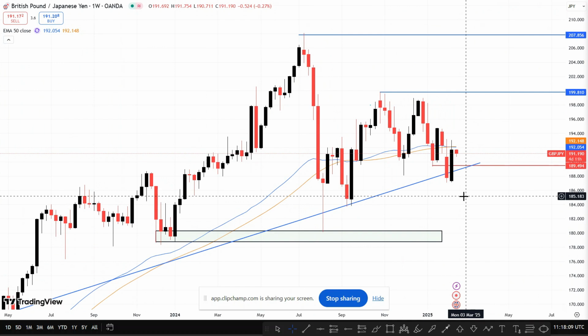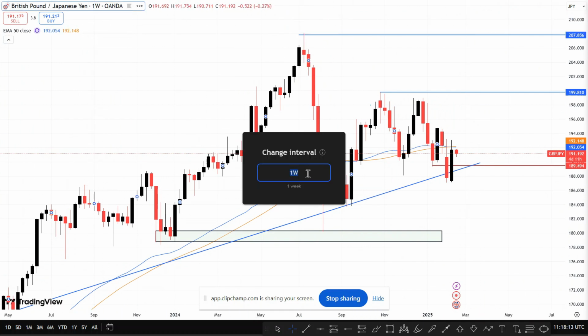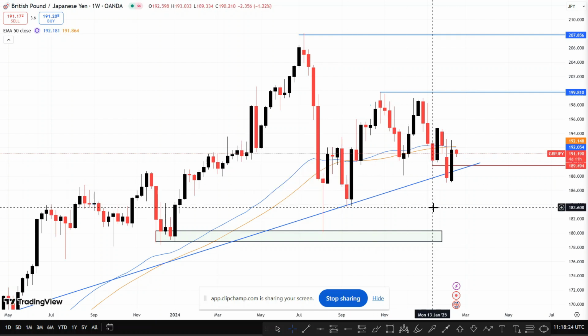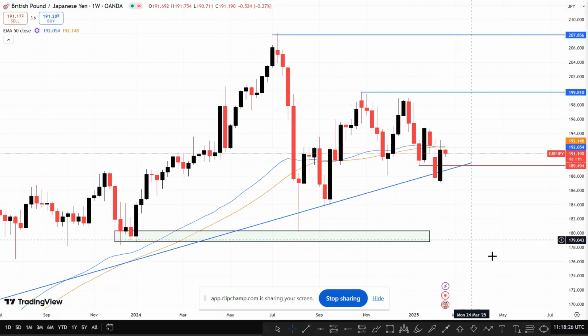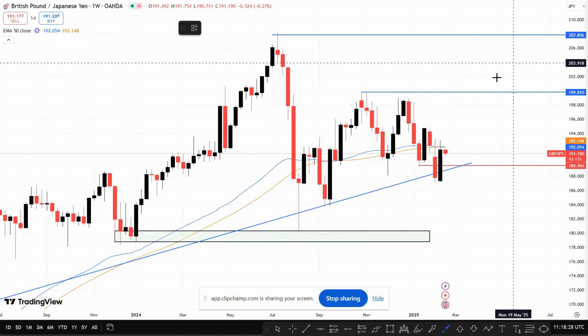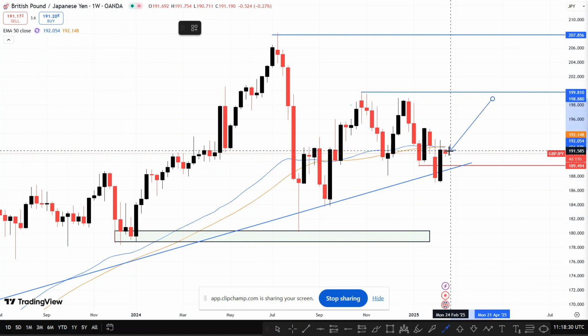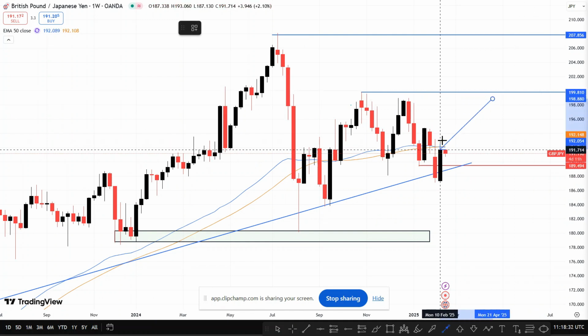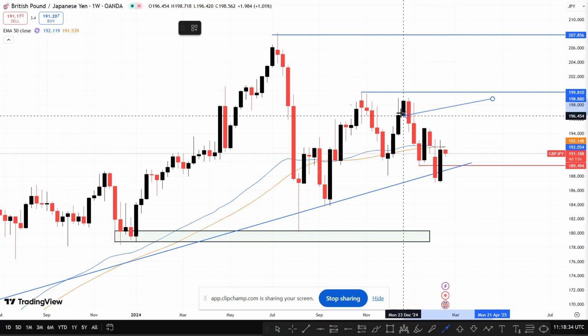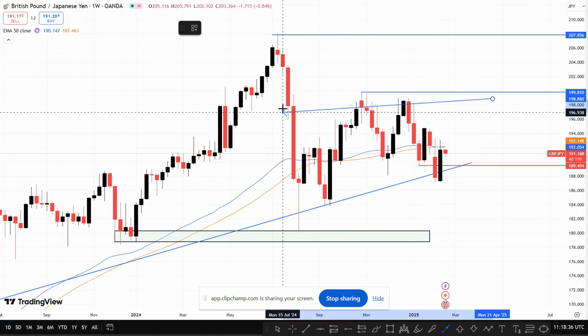On 1 week, this candlestick represents 1 week. One of the mistakes we used to make all the time is that when we look at the chart, we think that a chunk of all these candlesticks is in 1 week. No, when you go to the 1 week time frame, it means that each particular candlestick, this one is 1 week, this one is also 1 week.